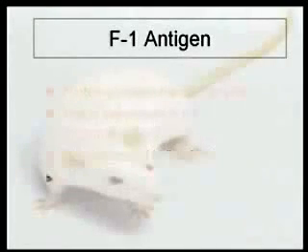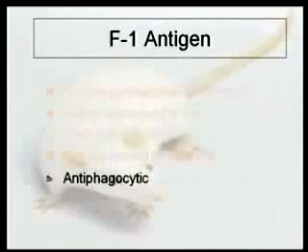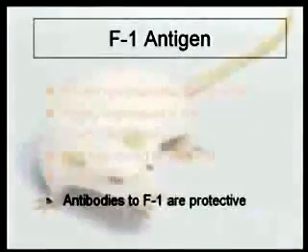It is not expressed in the flea host, it's anti-phagocytic. And therefore the organisms are protected. Antibodies to F1 are protective. So if you have antibodies to that and the organisms come out of the cell or they are extracellular, they can be killed by antibodies.